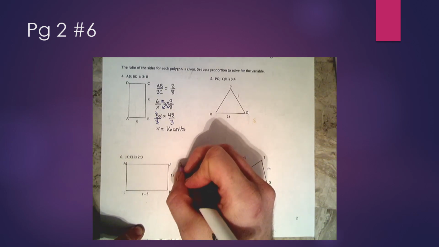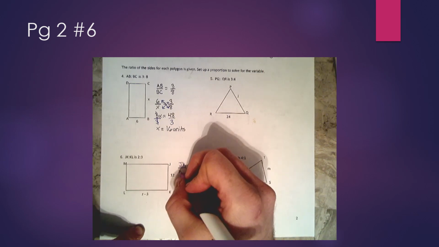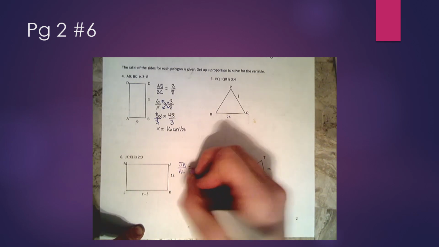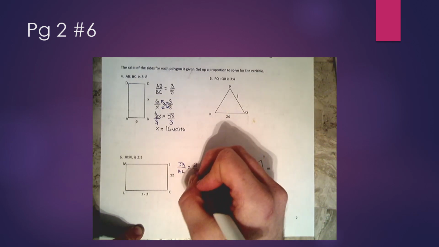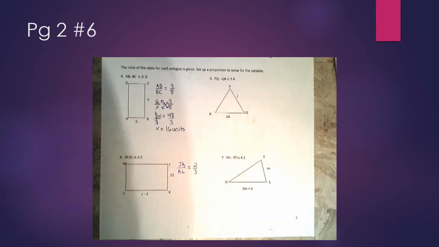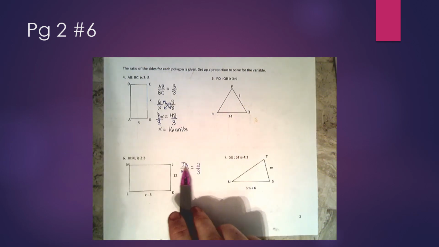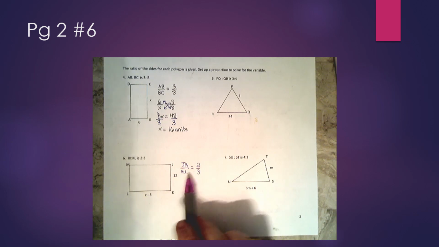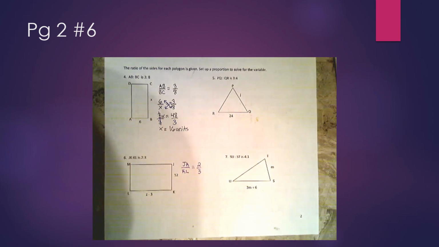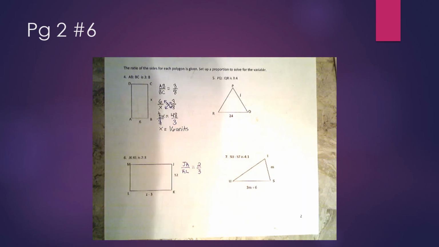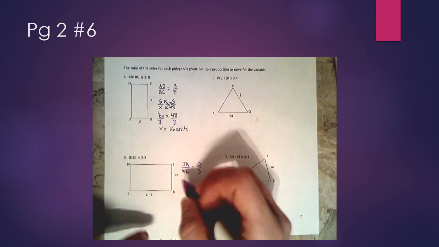So they have JK over KL is supposed to be equal to the ratio of 2 to 3. So 2 over 3. But instead of keeping it as JK and KL, we can actually make it into the numbers we see in here. So instead of JK, I'm going to put in the number 12.